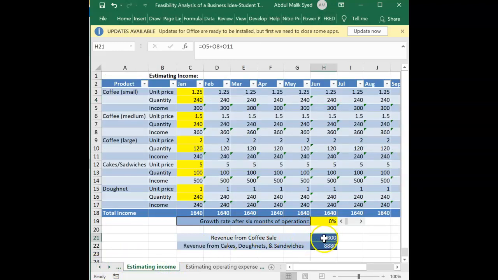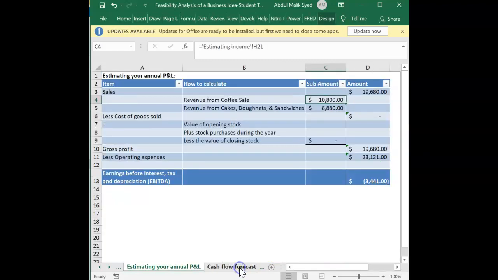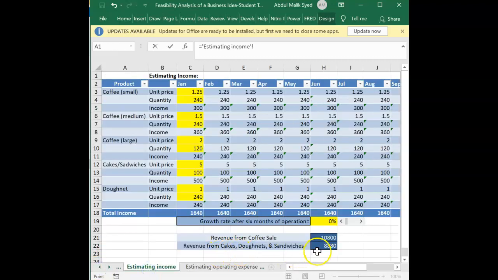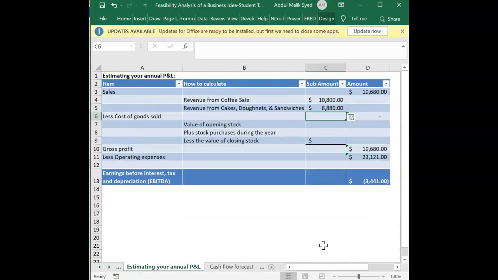Revenue from coffee sale and revenue from cakes and donuts is coming this way. So these are simply links. How to link? You just say is equal to, and then go to the cell which you have. Estimating income, so this cell, enter. So you are going to link it.